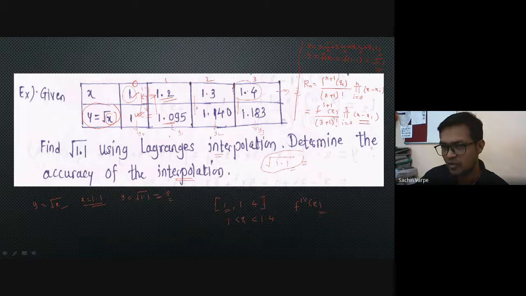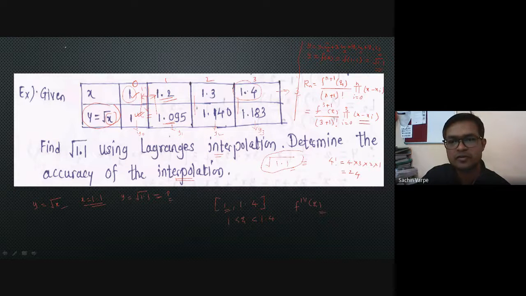So this product is x minus x naught, x minus x1, x minus x2 into x minus x3, upon 3 plus 1 factorial, that is 4 factorial. What is 4 factorial? Yes, 4 into 3 into 2 into 1, that is 24. Okay.